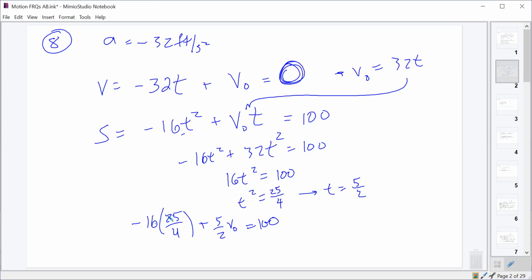That gives us negative 400 plus 5 halves of v naught equals 100, so 5 halves of v naught is 500, which gives us 400 over 5, which is 80 feet per second.